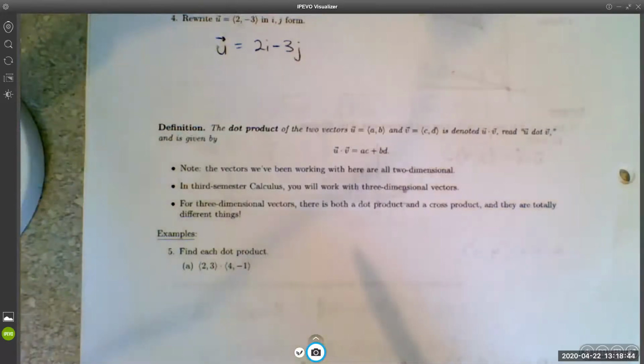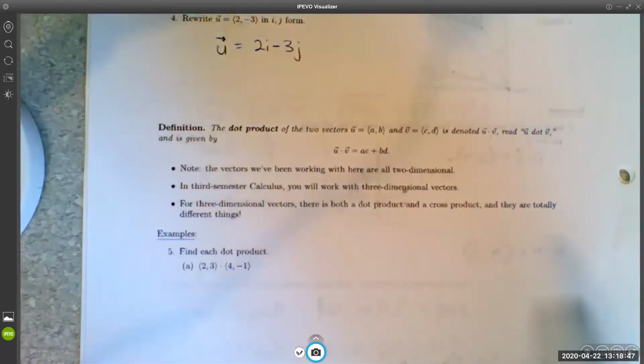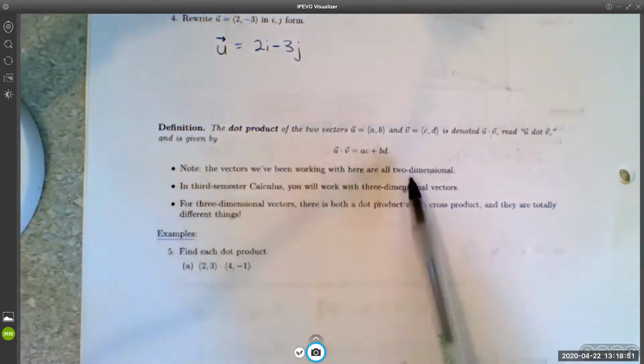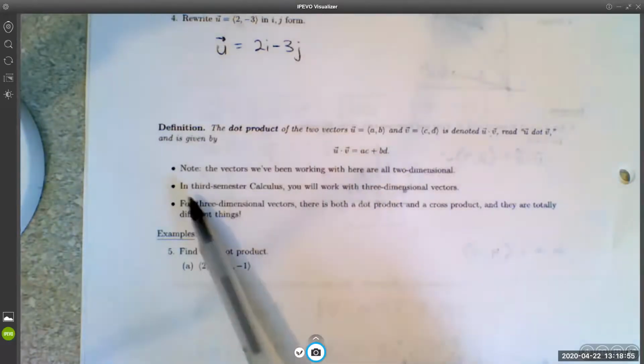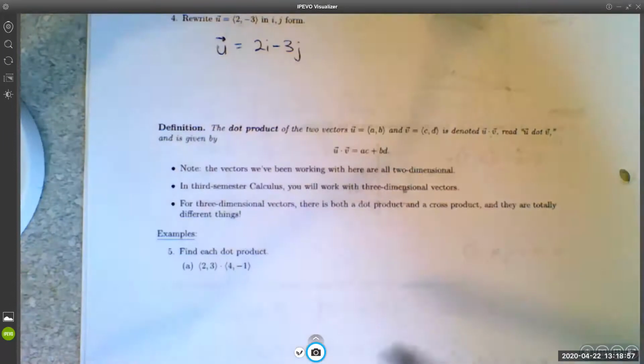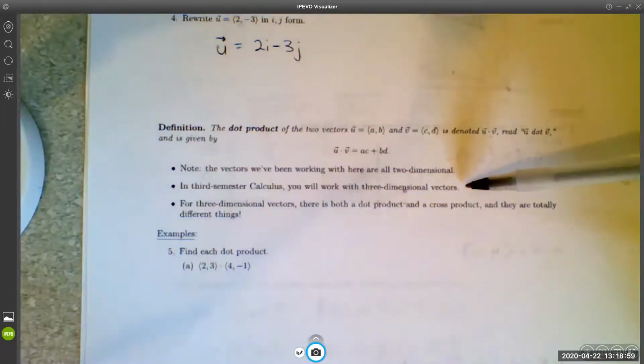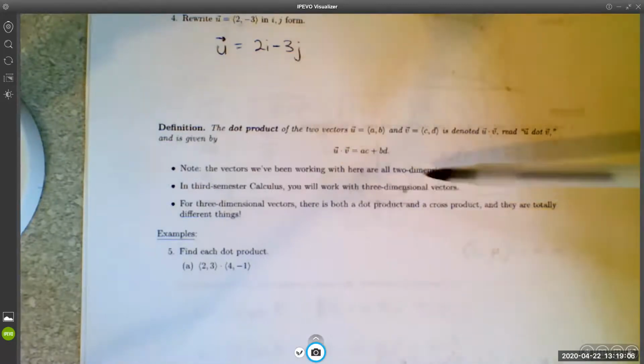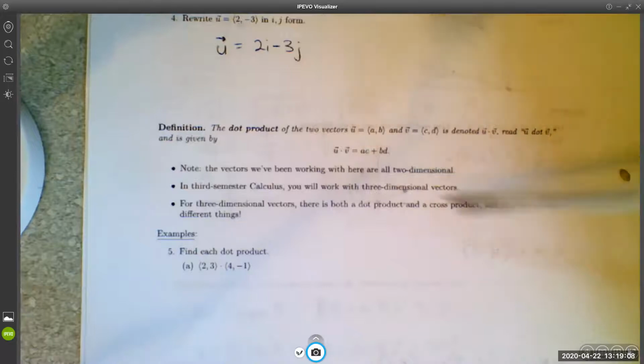Another thing I want to say, going back to the two-dimensional versus three-dimensional thing, is that the vectors we're working with in this class are all going to be two-dimensional. But in third semester calculus and in physics, you would often work with three-dimensional vectors. For three-dimensional vectors, there are two different kinds of products that we define.